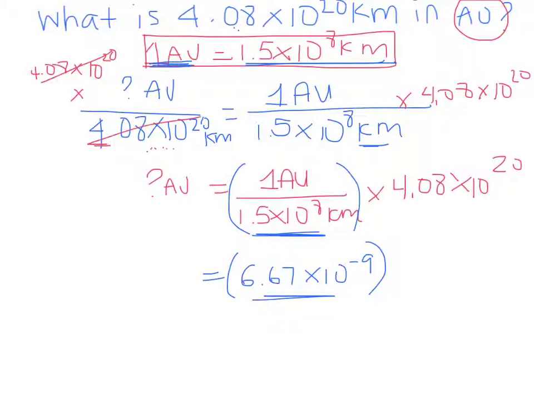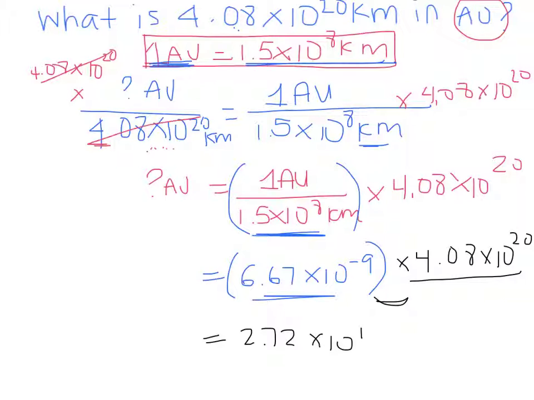Now I have to multiply it by 4.08 times 10 to the power of 20. So I'm going to punch this in the calculator now, times 4.08 times 10 to the power of 20. And then after I multiply this, I get 2.72 times 10 to the power of 12.